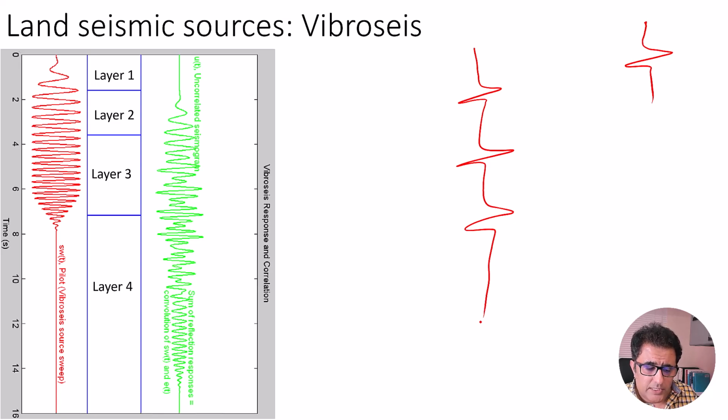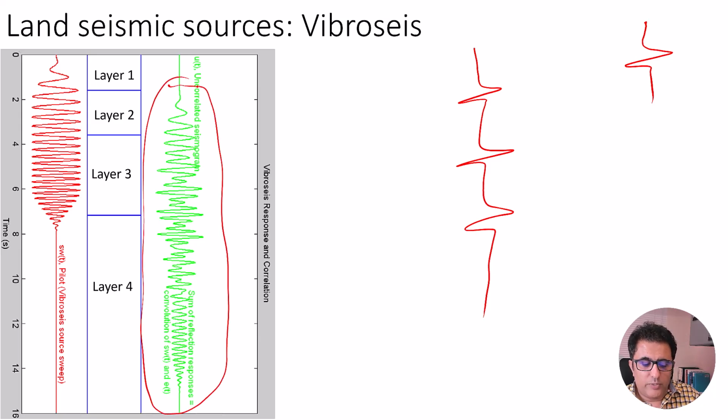But the signal that is produced by Vibroseis is not a wavelet, it is a waveform or a wave train, and it is called a chirp. A chirp is a signal whose frequencies increase or decrease with time, and as a result, a trace that we get from a Vibroseis for this geological model will look something like this.